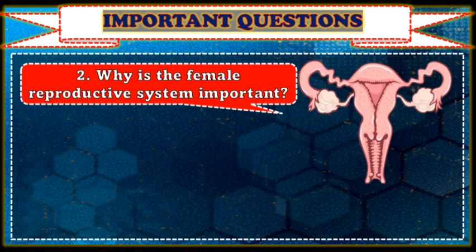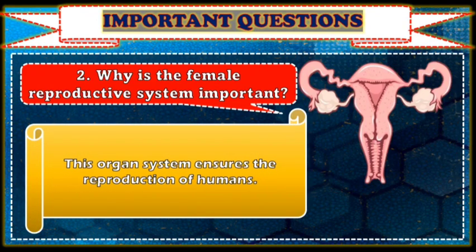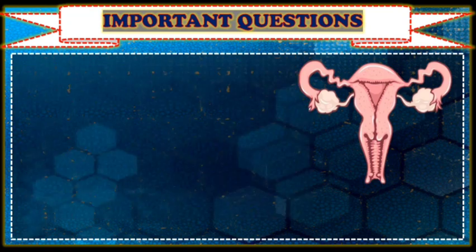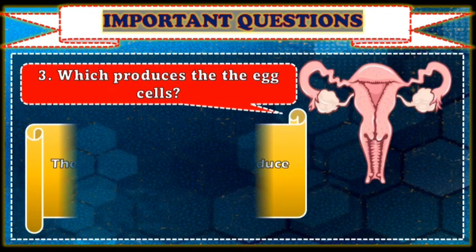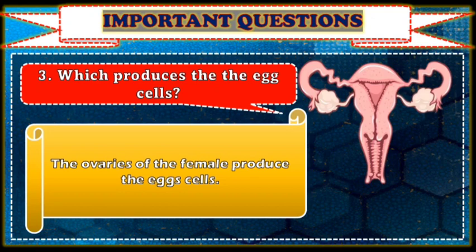Next, number 2, why is the female reproductive system important? This organ system ensures the reproduction of humans. Next, number 3, which produces the egg cells? The ovaries of the female produce the egg cells.